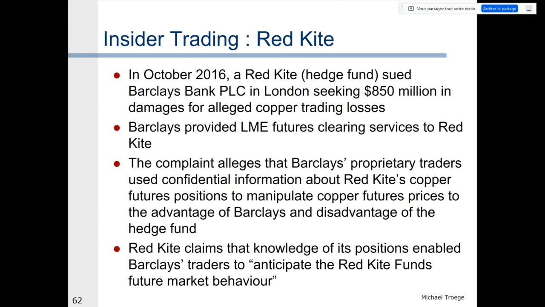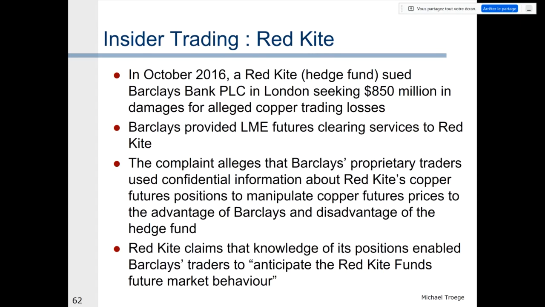Now of course, if you give your order to a broker, the broker knows what you want to do. And then they can front run your trade. If you give them a very high buy order, they can basically buy themselves and then execute your buy order.